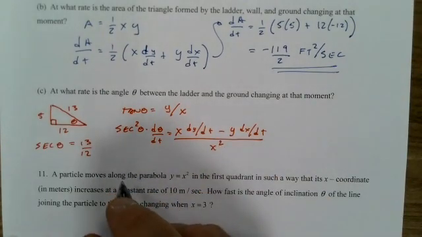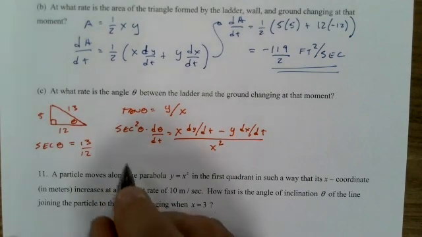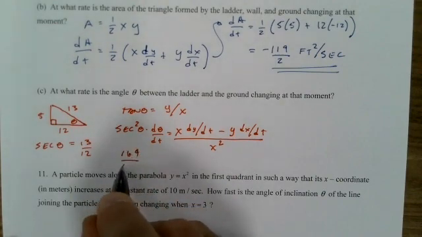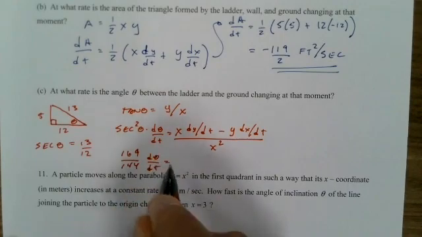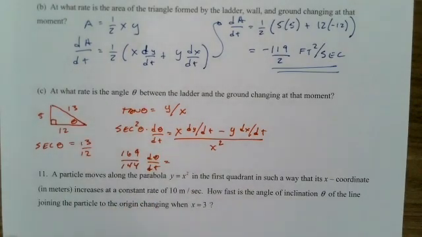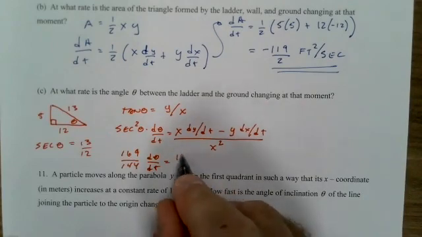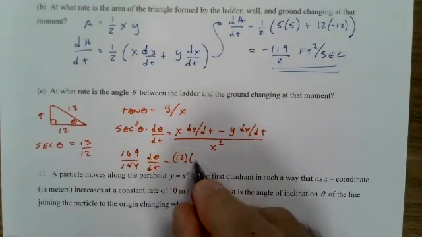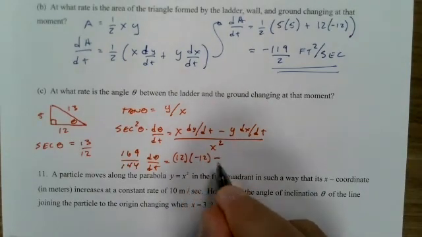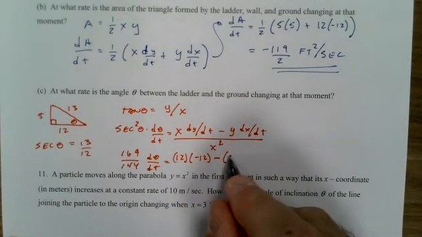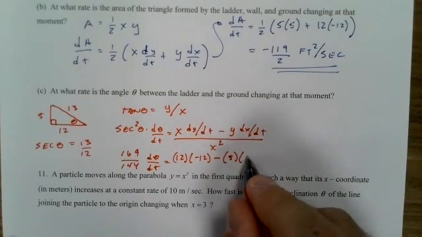Secant squared theta is 13 squared over 12 squared, so we're looking at 169 over 144 times d theta/dt is 12 times negative 12 minus 5 times 5.